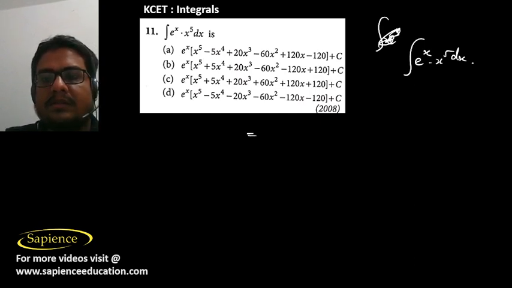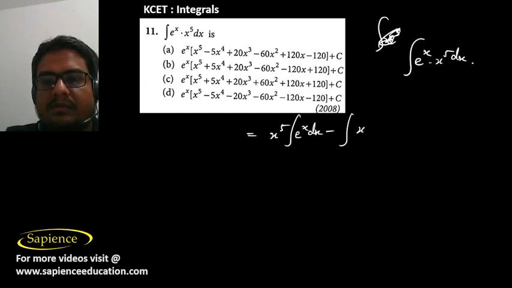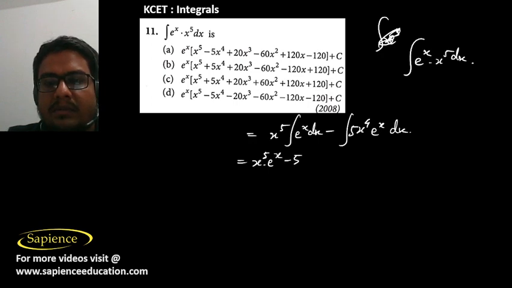We can take this x power 5 as the first function. So this will be x power 5 integral e power x dx minus d by dx of x power 5, which is 5x power 4 into integral e power x, that is e power x dx. So this will be x power 5 into e power x minus 5 into integral e power x, x power 4 integral e power x dx.